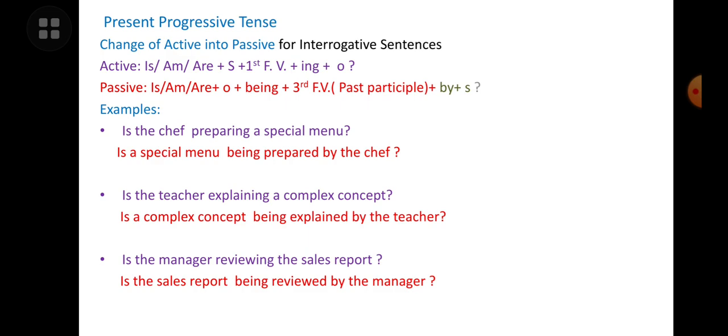Its passive voice will be: is a complex concept being explained by the teacher? In the third example, is the manager reviewing the sales report? And its passive voice will be: is the sales report being reviewed by the manager?